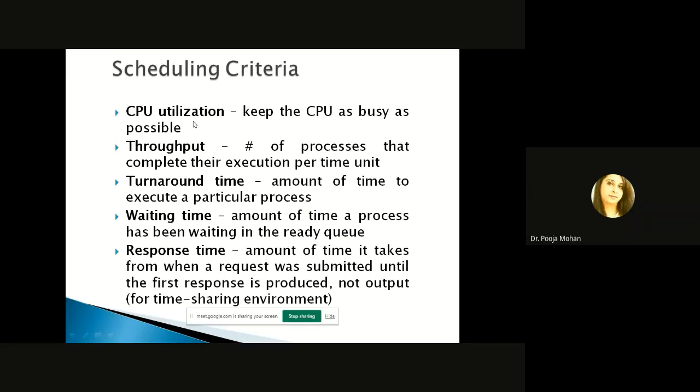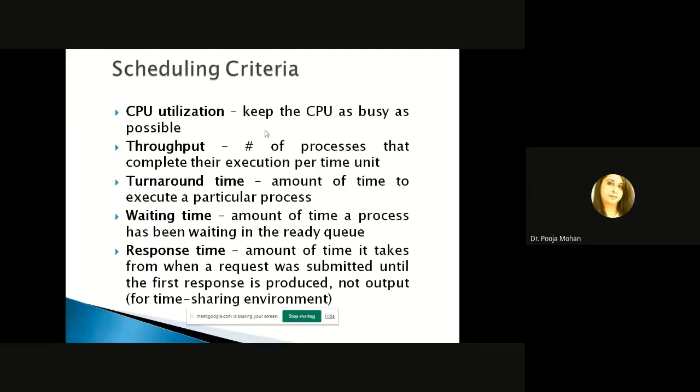We will not include the idle time of the CPU here. So CPU utilization will be from 0 to 100%. But effectively, in a real system, it ranges up to 90%. So this is the amount of time during which the CPU is busy performing something.